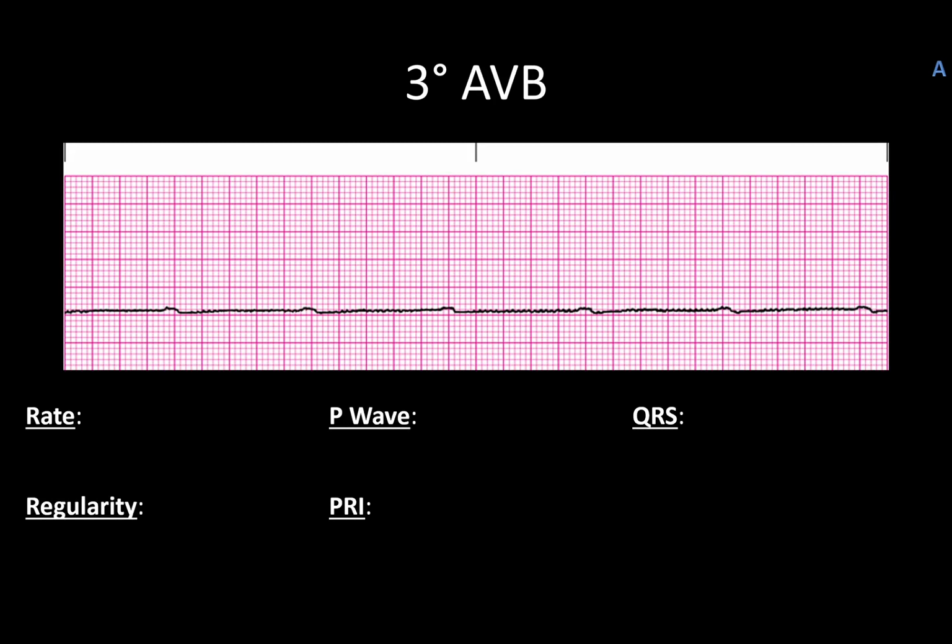A concept I want to add to what you've learned about the third degree heart block beforehand is this idea here that this is third degree heart block without an escape rhythm. This is true, pure third degree AVB.